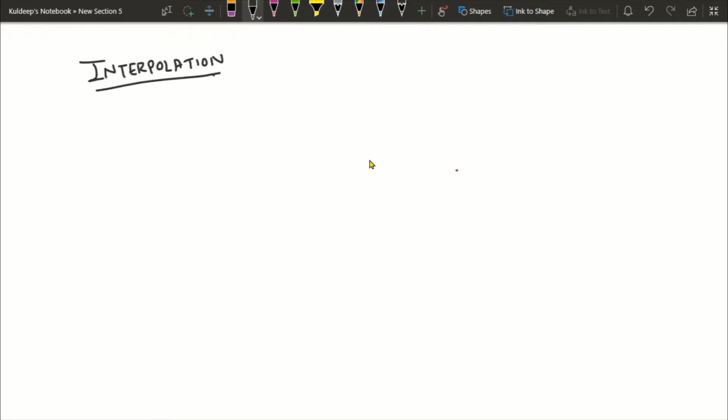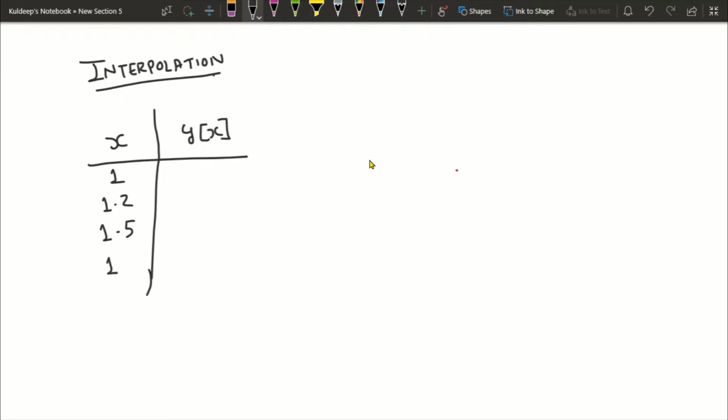Now, why do we use interpolation? In interpolation problems we have two arrays, one is x and one is y of x. So basically in x we have values 1, 1.2, 1.5, 1.9 and 2.5, let us say. And in y of x basically there is a function which is evaluated at all these points.